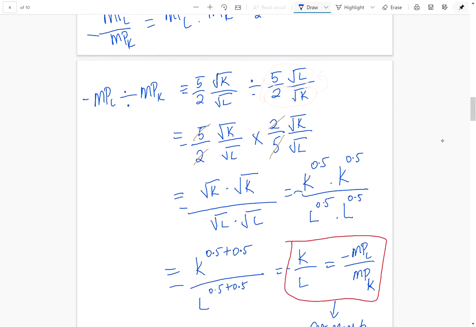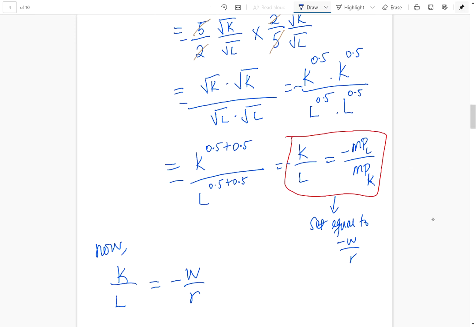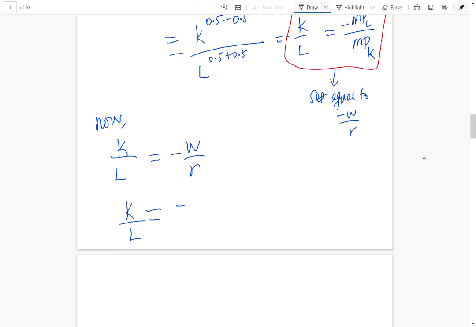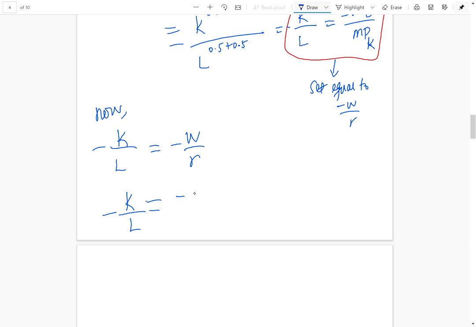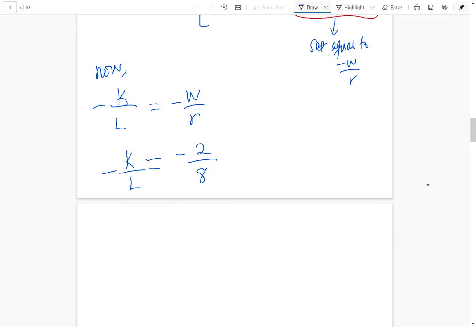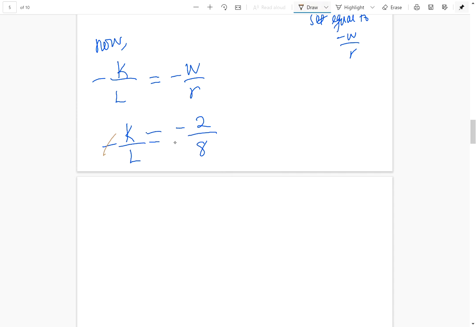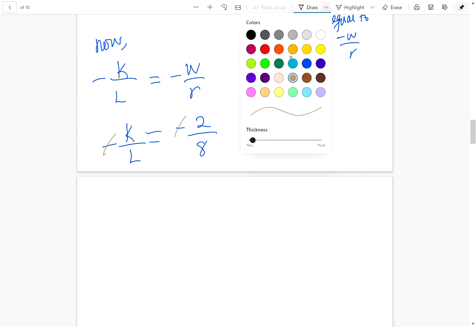Okay. This is equal to negative. Perfect. So negative, and then we have 2 over 8. So we can continue the math here. Those negatives cross out. Right, it's a very great check. If you have a negative remaining, you know something went wrong somewhere.